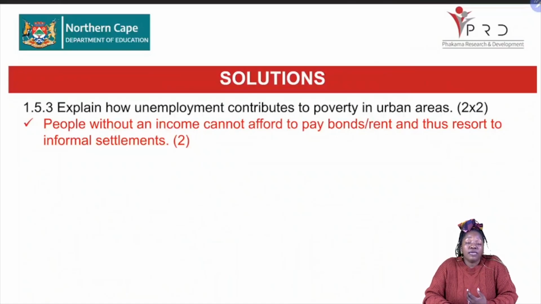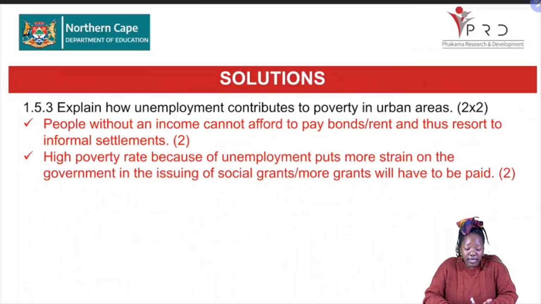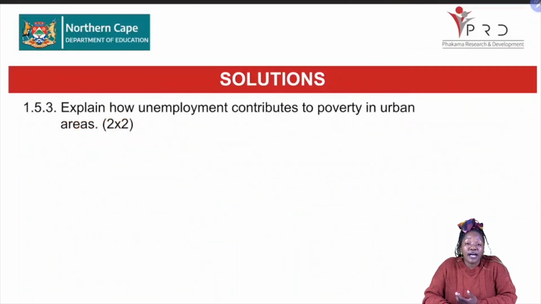So therefore, they will settle in the informal settlement, which means the poverty will increase. And for those people who are unemployed, mostly they will be relying on government for social grants, which means even the government will have a strain because they will have to cater for a lot of people.